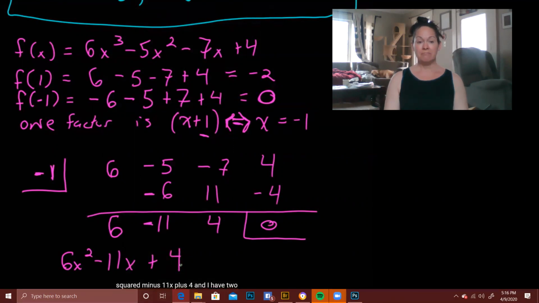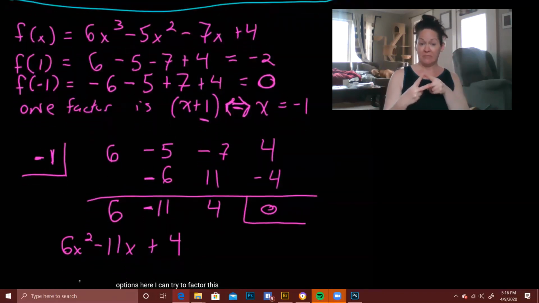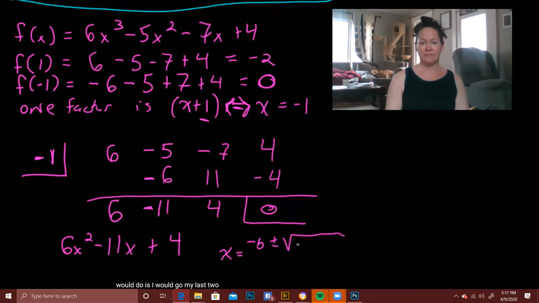And I have two options here. I can try to factor this using the AC method, or, and I think what I would do, is I would go, my last two factors are minus b plus or minus the square root of b squared minus 4ac over 2a.